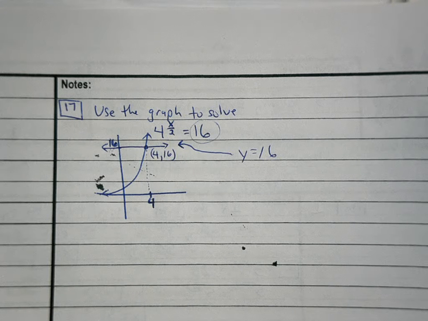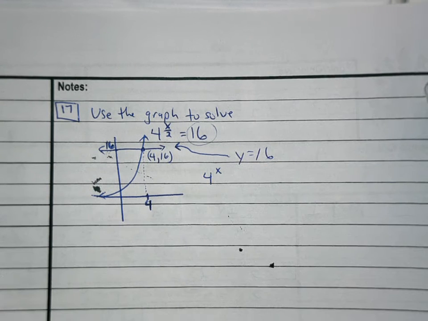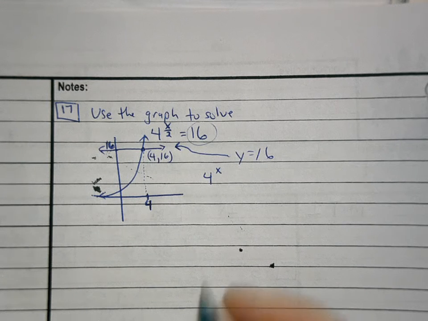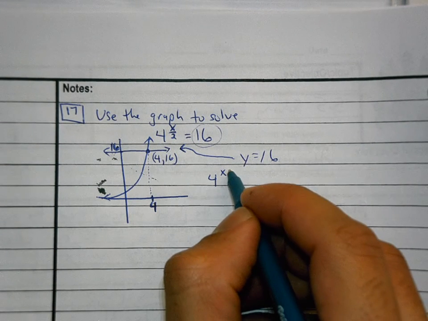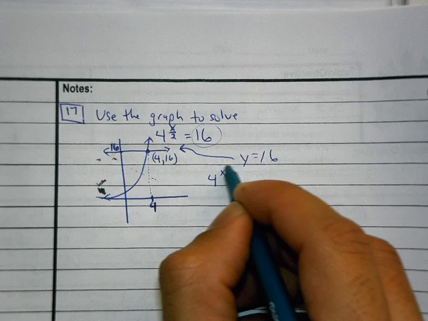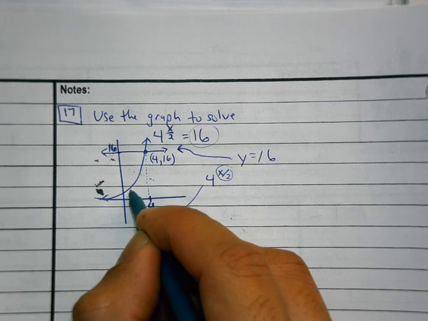Then they graphed a line that looks like 4 to the x power. They tried to graph 4 to some power divided by 2, and that's what this one came out to be.